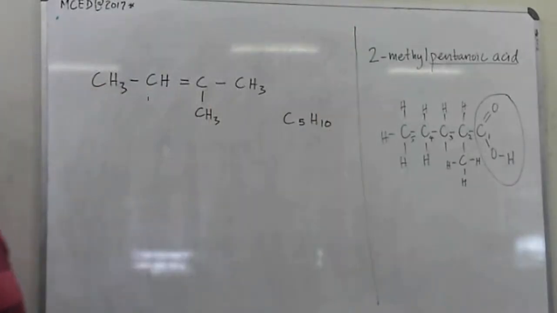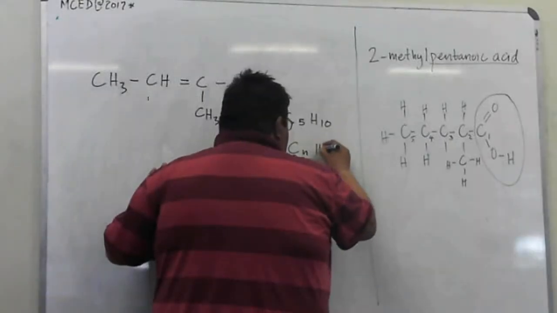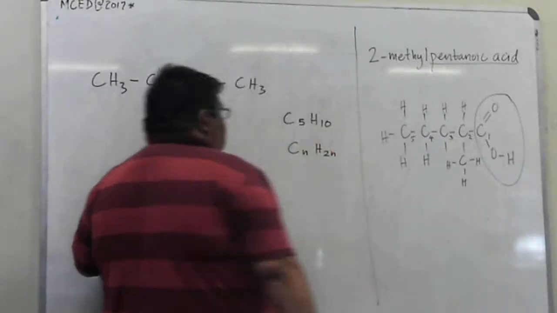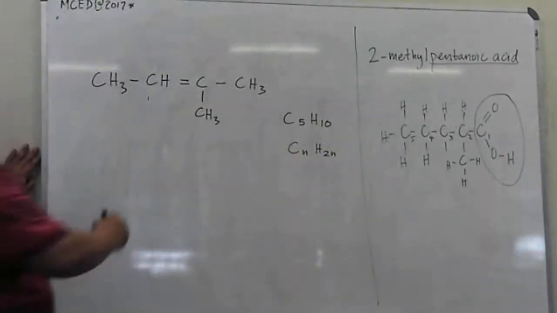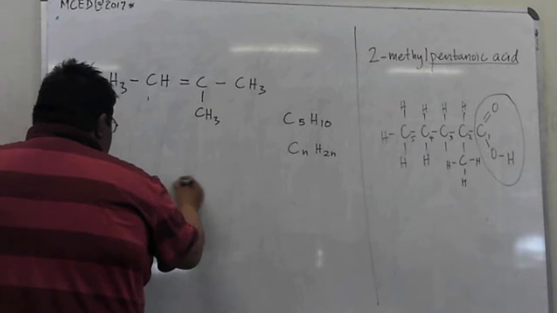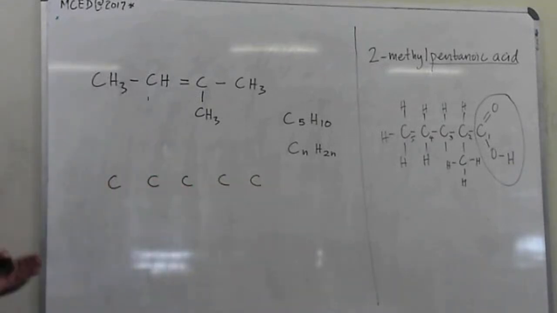Now when I look at C5H10, I immediately recognize that it is an alkene, CnH2n. So if I draw 5 carbons, it doesn't matter where I'm going to put the double bond, it's going to work.